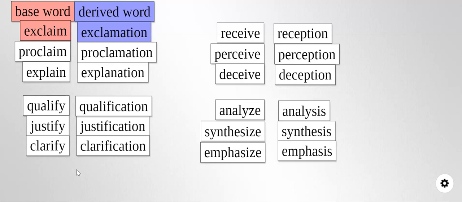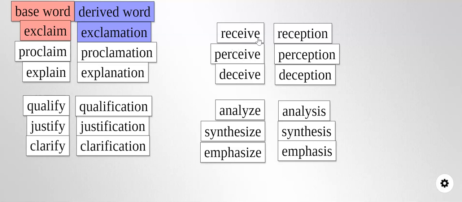Look at this group of words. Qualify, justify, clarify. In these words, we change the Y to an I and then add cation to the end. Qualification, justification, clarification. In the words over here, my base words, receive, perceive, deceive, all have that ceive ending.